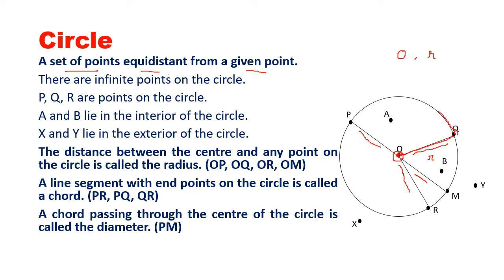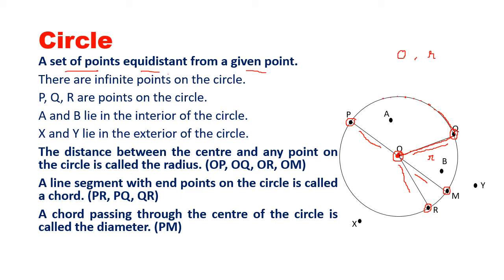If you look at the point Q, the point P, the point R, and the point M, they are all at the same distance from this point O. So you can see there are infinite points on the circle.